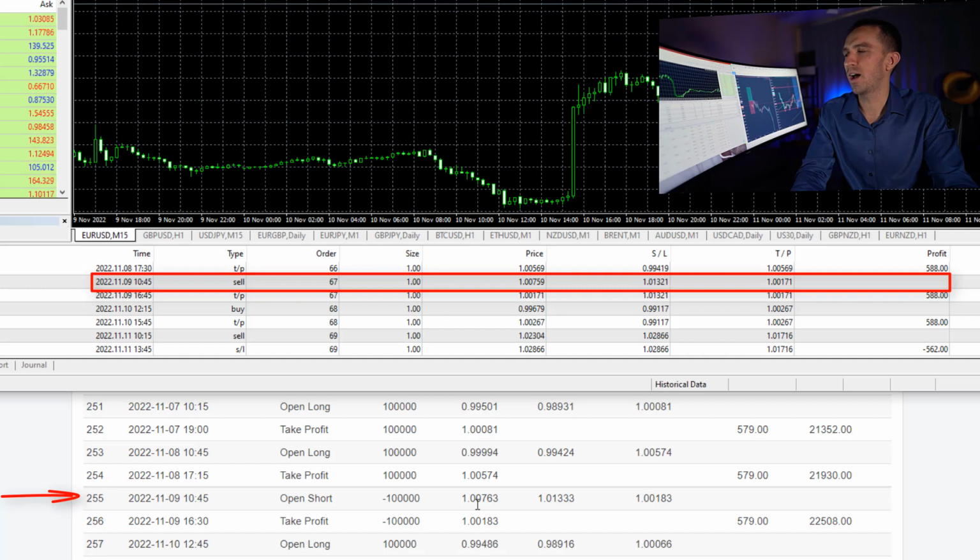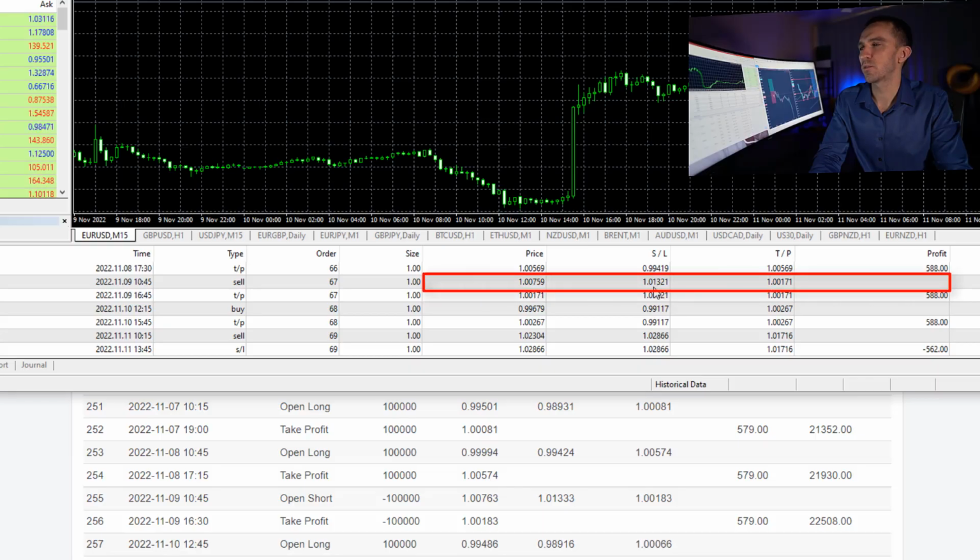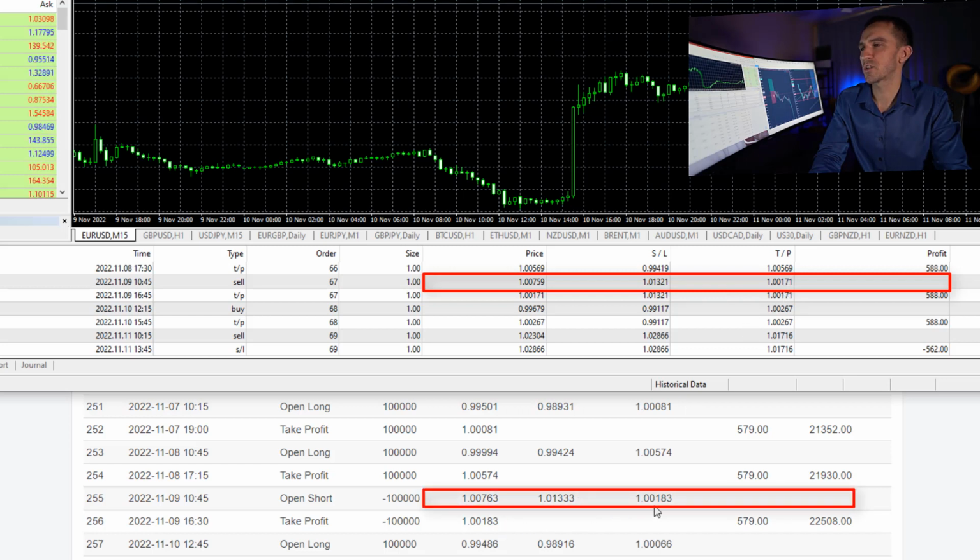The price is 100.763 and here we have 101.759, so it's just a few points of a difference, which is quite normal. And we have a stop loss at 101.32, take profit 100.17, and you will see pretty much the same thing over here.